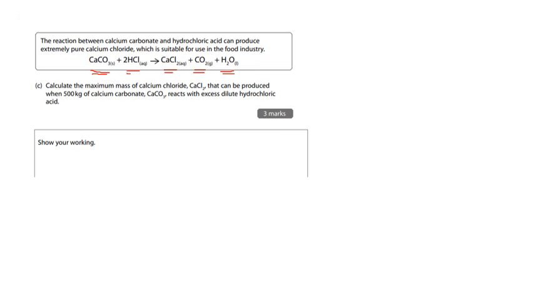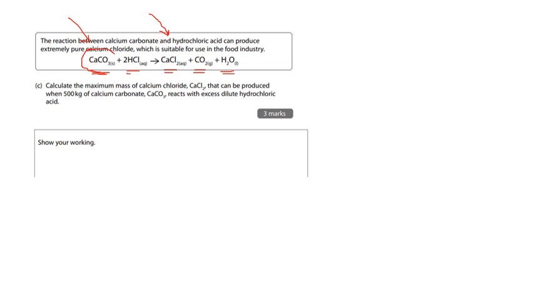Calculate the maximum mass of calcium chloride that can be produced when 500 kilograms of calcium carbonate, CaCO3, reacts with excess dilute hydrochloric acid. Show your working. So, in other words, if we have 500 kilograms of that, what mass of that are we going to get? That's what it's asking, assuming 100% yield.